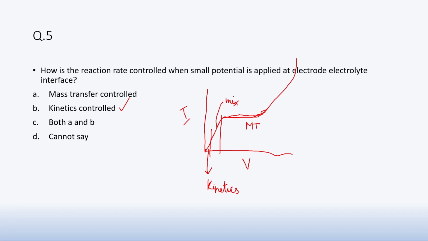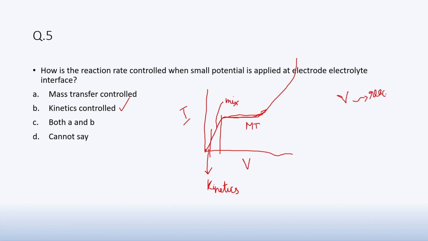Now what is happening? How is the reaction rate controlled when a small potential is applied? You are applying a potential, and because of that potential a reaction is happening, right? You are actually driving a reaction when you apply a potential. At the electrode-electrolyte interface, this reaction is taking place.